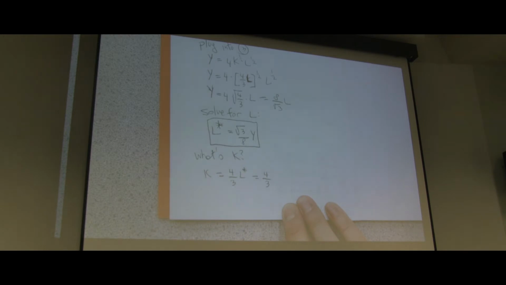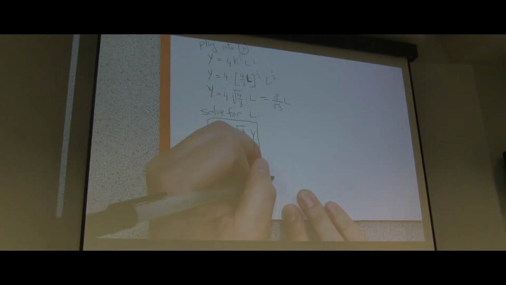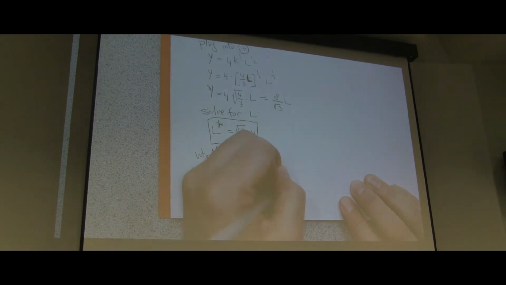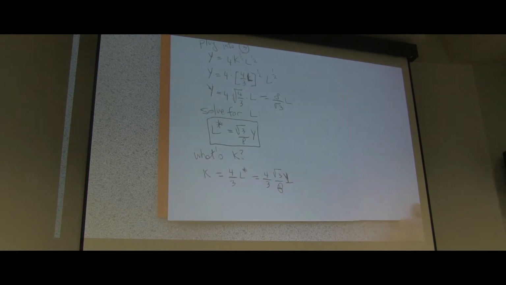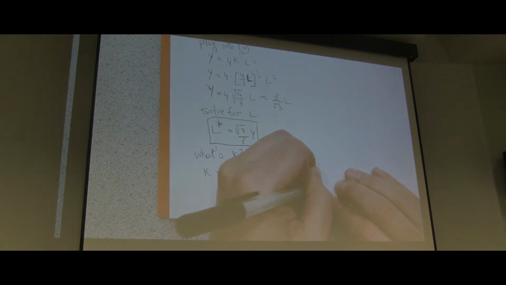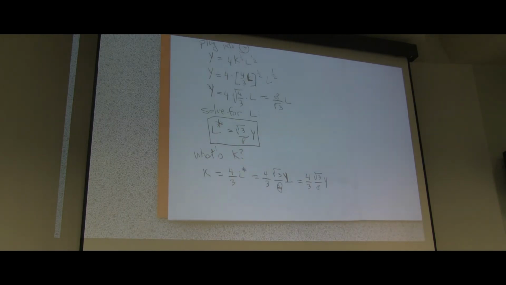So it's 4 divided by 3, square root of 3 divided by 8, times y. That's horrible. Let me rewrite that. So it's 4 divided by 3, square root of 3 divided by 8 times y.